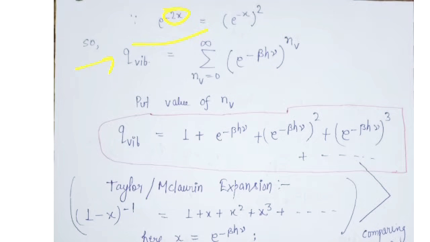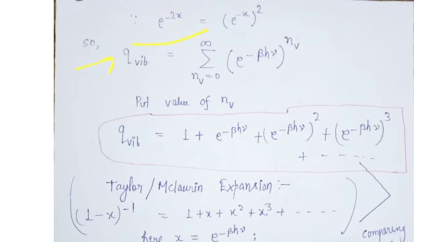Now if we put the summation with the vibrational quantum number ranging from 0 to infinity, we get this expression: 1 plus e raised to the power minus beta h nu, and so on. We just put the n_v values, and in the whole power it is n_v, so 1, 2, 3, 4 and so on.